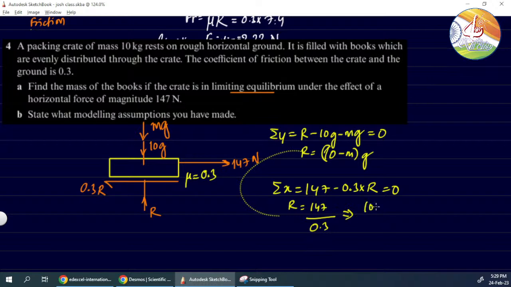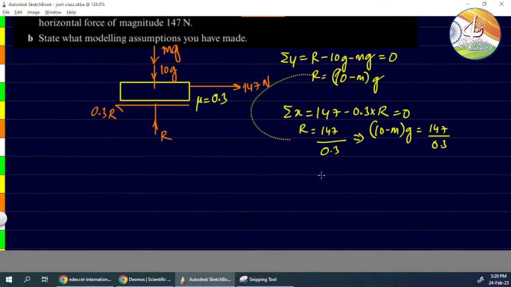It implies that 10 minus m times g equals 147 by 0.3. What do we get? We get the value of m as 147 by 0.3, and by g, and 10 minus this, no?